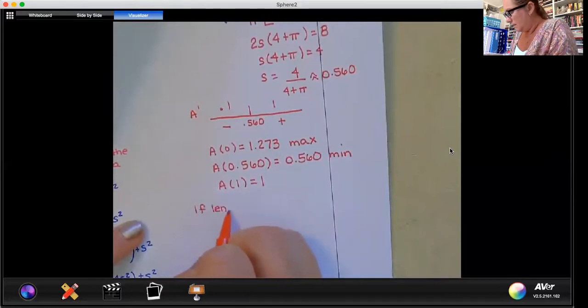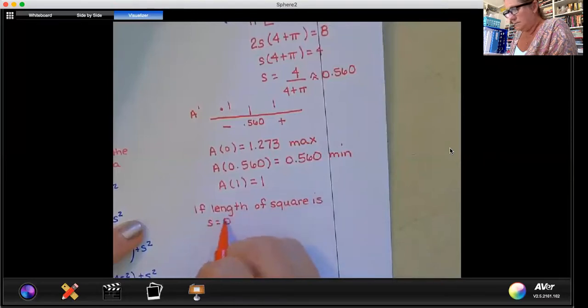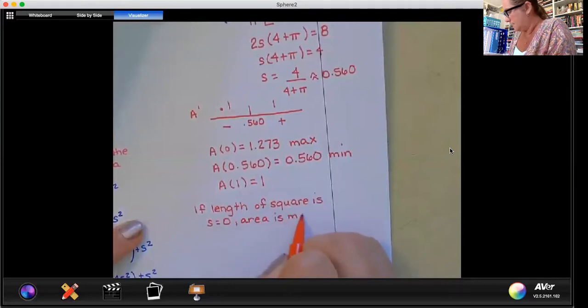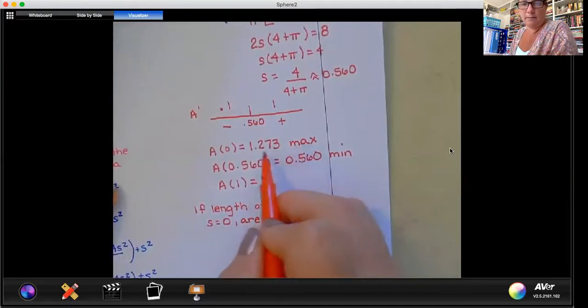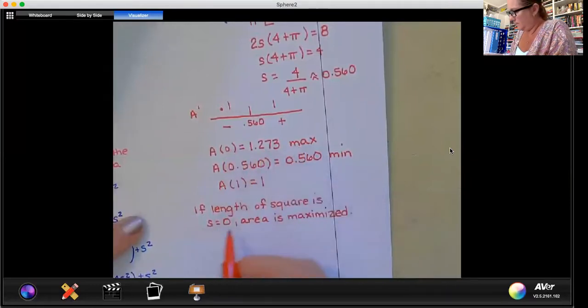So if the length of the square is s equals 0, which can't happen, then area is maximized. You just saw that right here. A maximum right there. Side equals 0, maximum value.